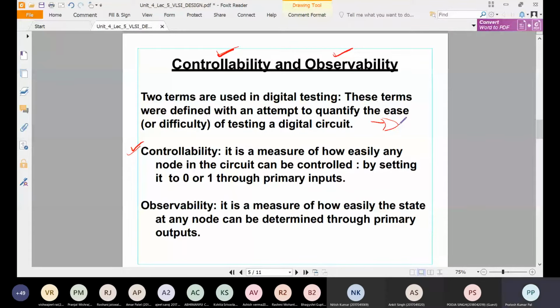Suppose this is a circuit, with A, B and C, three inputs, and D, E and F. This is one node, 2, 3, 4, 5, 6. Here there are different nodes in the circuit.